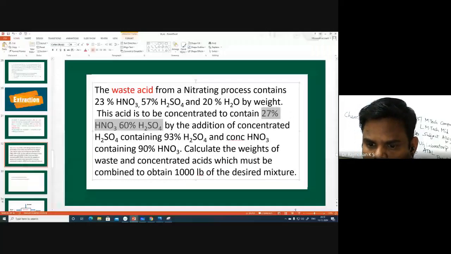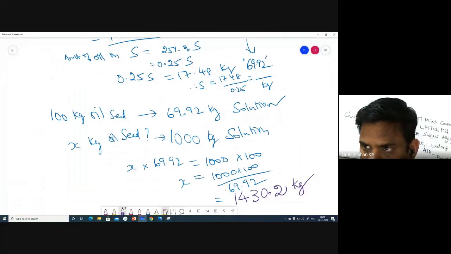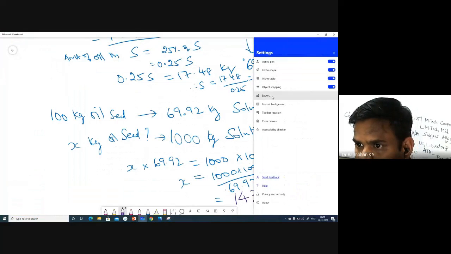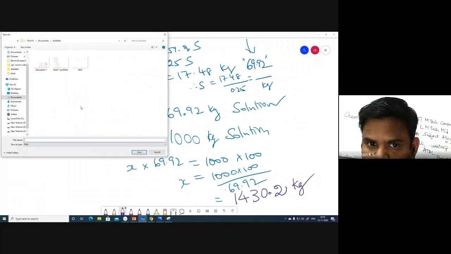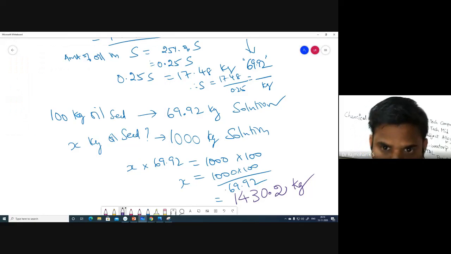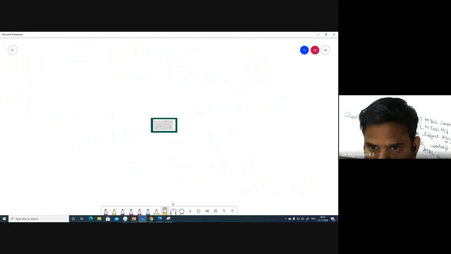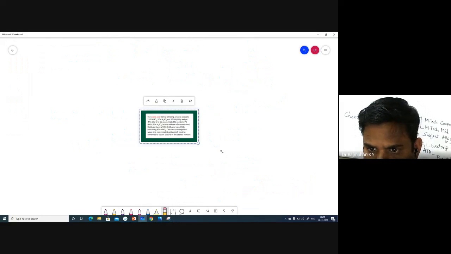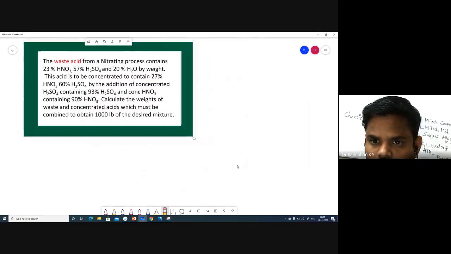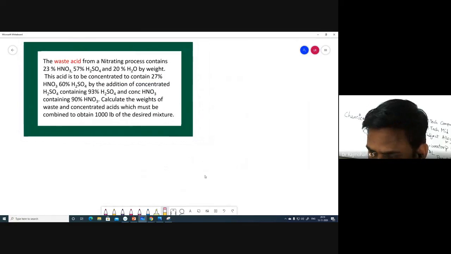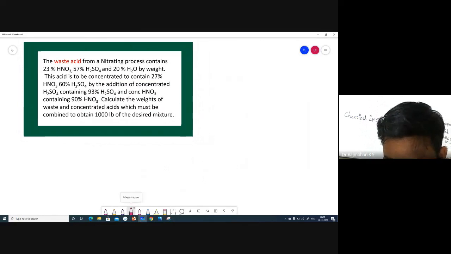Okay, so how to solve that? Let us proceed. We have the problem beside us, so we have to make a block diagram first, right? So we'll go with the diagram.